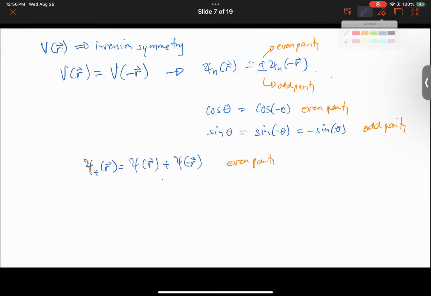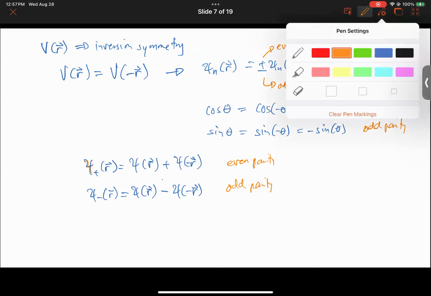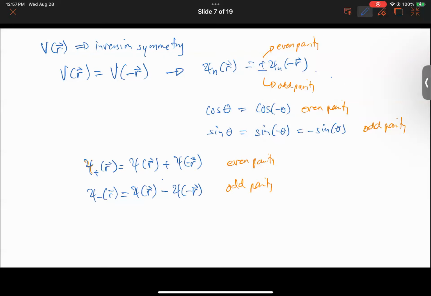Then psi minus is psi of r minus psi of negative r, and here we have odd parity. So that is also something that you can do.